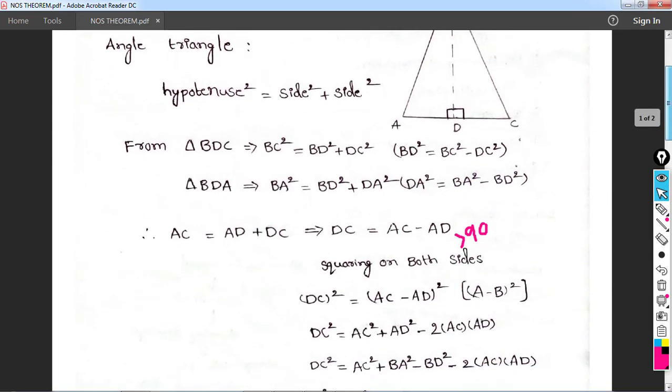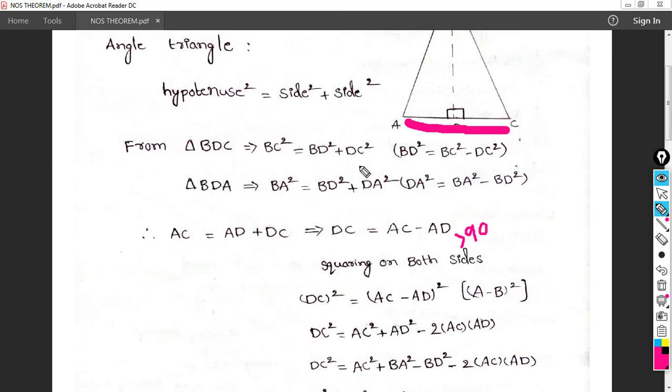After that, the length AC is equal to AD plus DC. So from here DC is equal to AC minus AD.